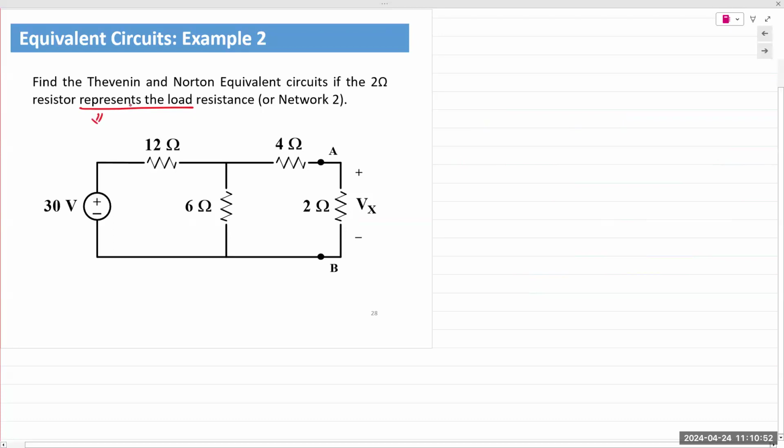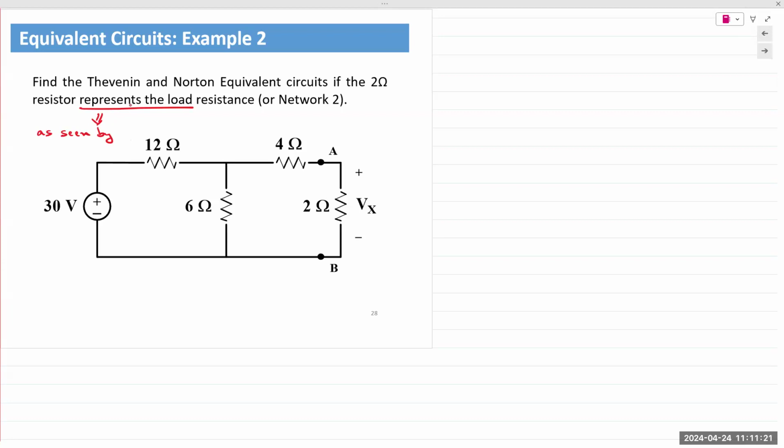It also is the same as the phrase "as seen by." So you determine the Thevenin and Norton equivalent circuits as seen by the 2 ohm resistor.